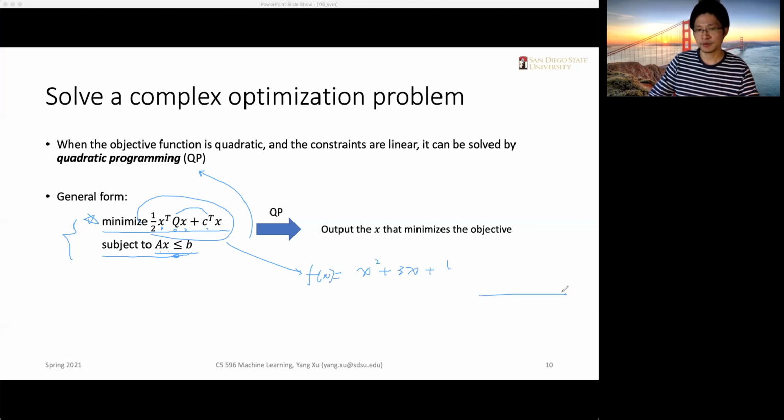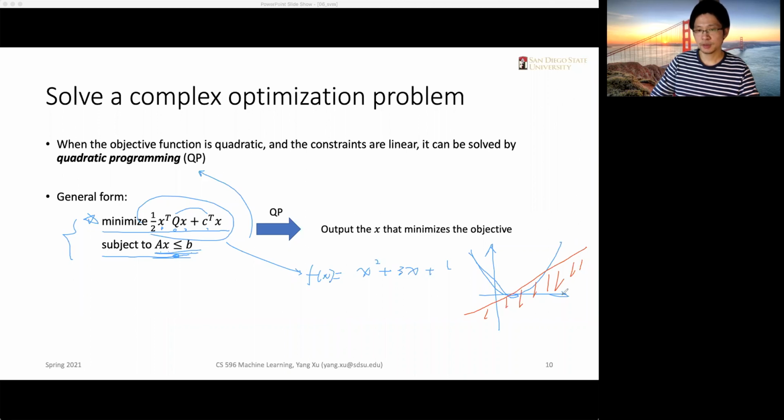If we think of it in a 2D space, it is something like that. But because we have a bunch of linear inequality constraints, which means we cannot go to all possible values. We have to, for example, only look at one side of this linear equation.